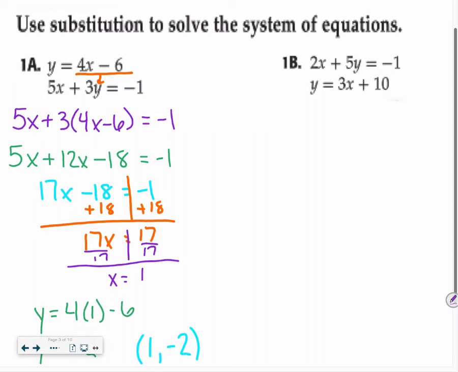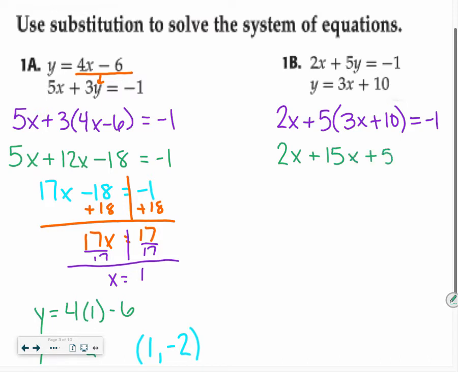Okay, so we have 2x plus 5, and then throw in my parentheses, and everything that y equals goes inside of those parentheses. And again, it equals -1. So next step, get rid of my parentheses. So I have 2x plus 15x plus 50 equals -1.